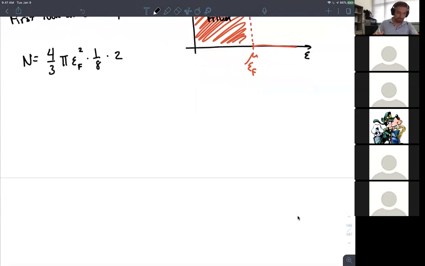Okay, so this Fermi energy here corresponds to some particular number of particles, so let's call that N_F, like so.